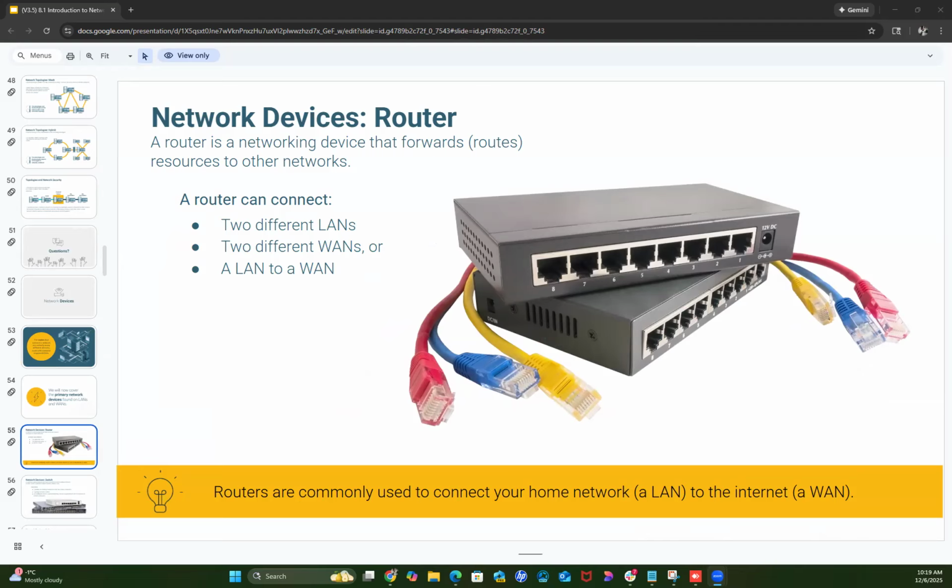A router can connect different LANs to different WANs, or a LAN to a WAN. Routers are commonly used to connect your home network to the internet. Home network is LAN and the internet is WAN. When you use a router, your internet provider sends you a black box. This is the router.